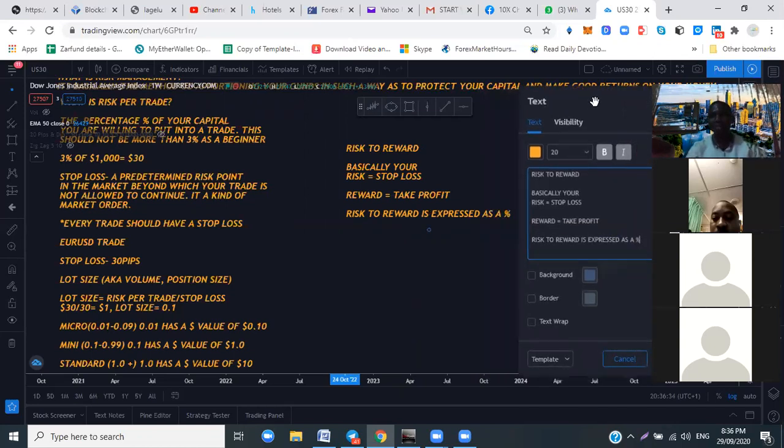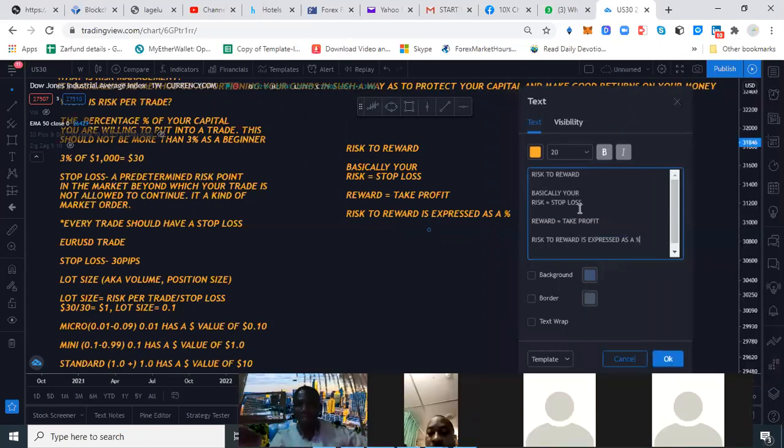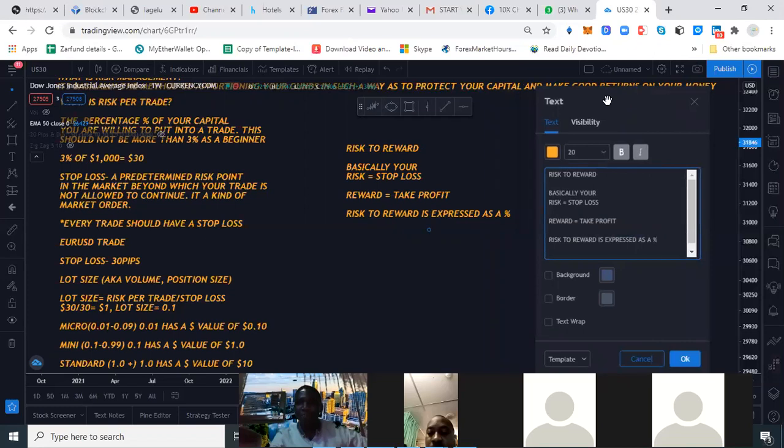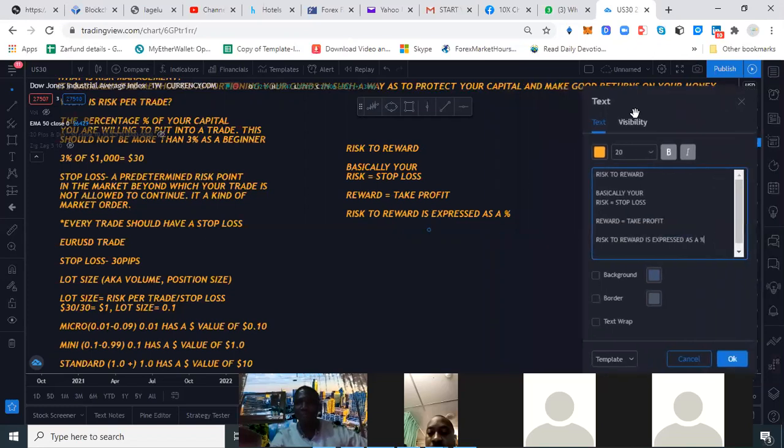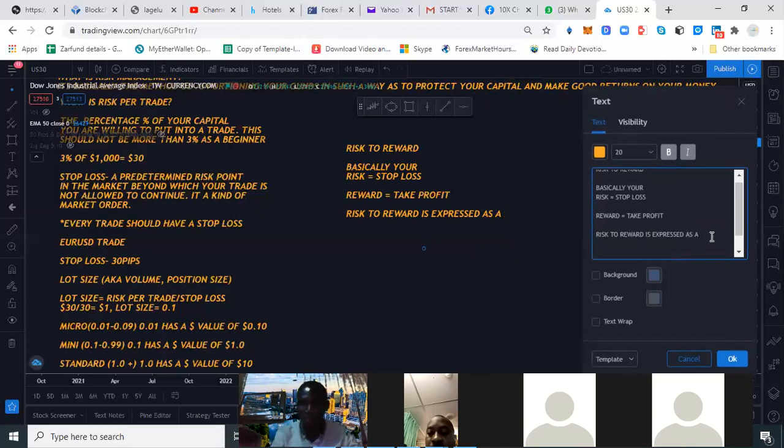So what that means is this: how many percent of my risk is my reward? Sorry, I made a mistake with that. It's expressed as a ratio. In a sense, it's still a percentage, but let's just go with ratio. So it's expressed as a ratio.